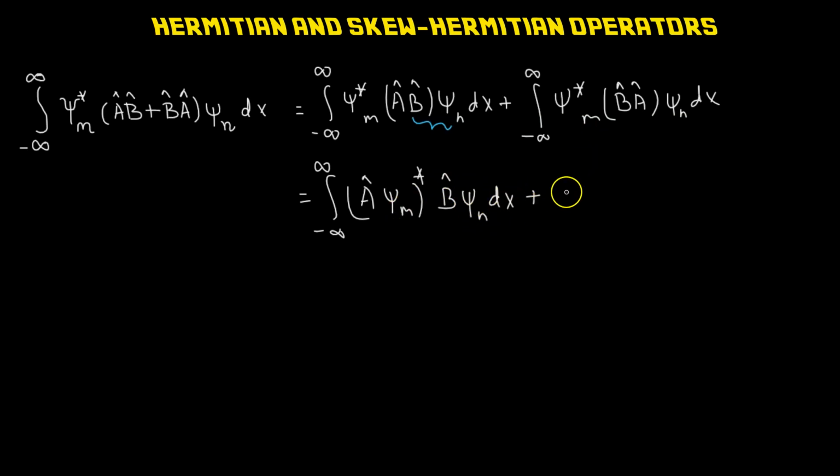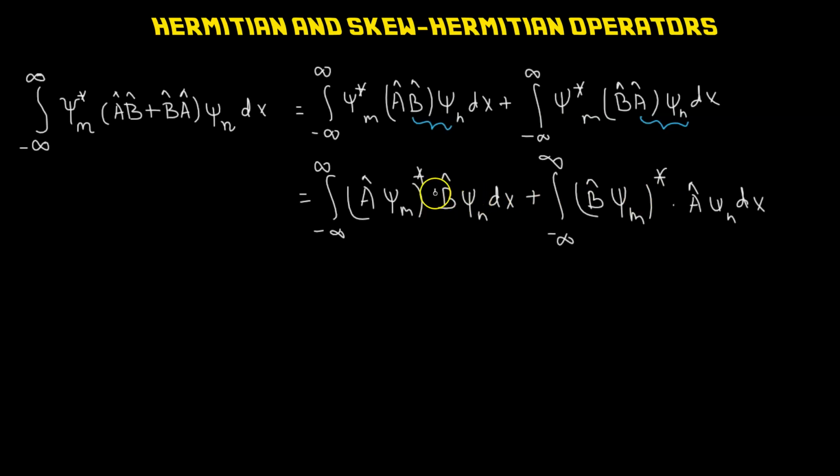The same goes for the second integral. We have the operator B here, which is operating on A psi n. So we can rewrite it as the operator B operating on psi m, when we take the conjugate and multiply it by A psi n dx.